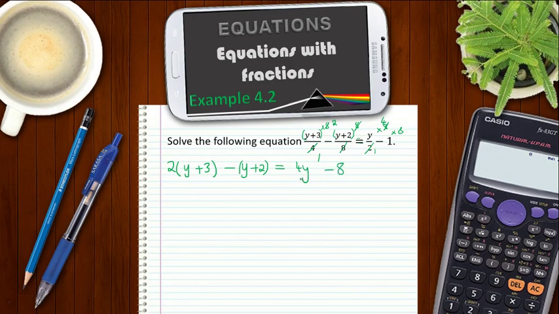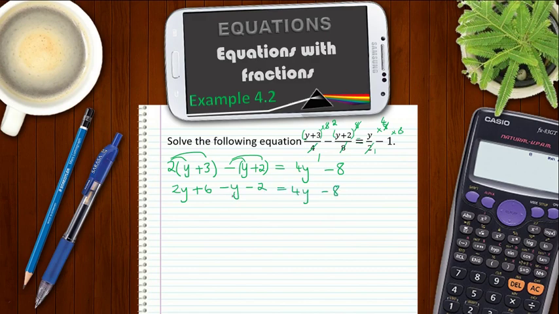Okay, so voila, we got rid of our fractions, and now we just have an equation like the previous examples. Now we just start by multiplying out our brackets. So this gives me 2y plus 6 minus y minus 2 equal to 4y minus 8.